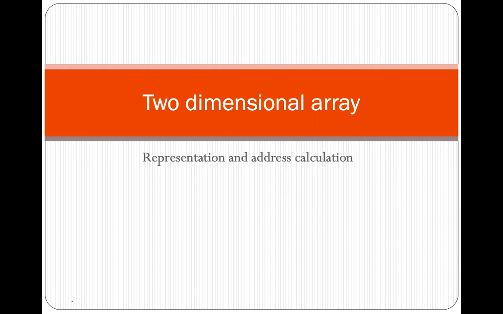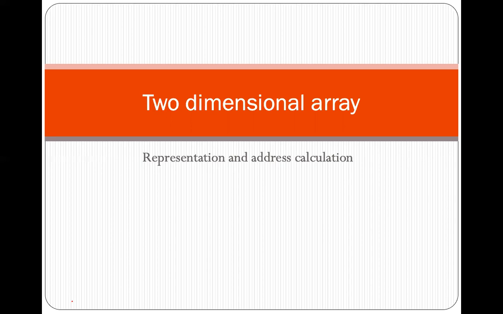So in the series of data structures videos, in the previous lecture we discussed array representation in a single-dimensional array. Here we are going to discuss two-dimensional arrays and how we can represent a two-dimensional array in C++ language, how we can declare the array, and what the two different representations are. That is row major representation and column major representation.